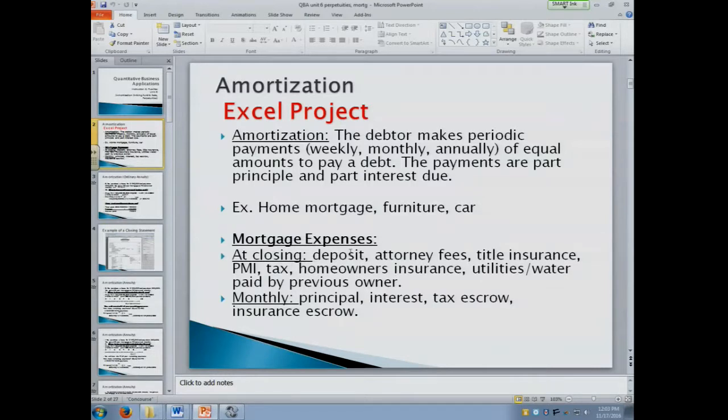A mortgage. Okay, I like to go over mortgages because I like to think that every one of my students will eventually buy a house. There's two parts of expenses when you buy a house. At closing. Closing is defined as the day that you sit down with attorneys, the seller, the real estate broker, and the bank you're borrowing money from, and you purchase the house.